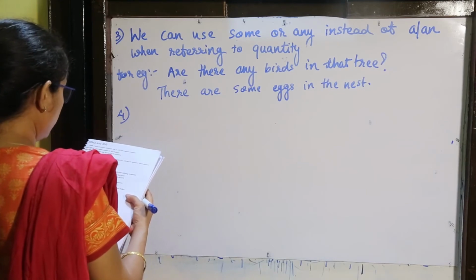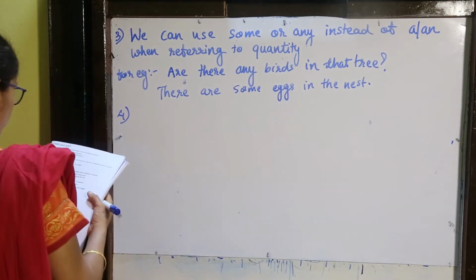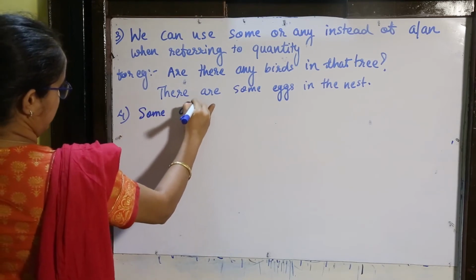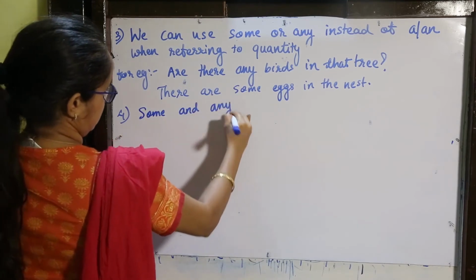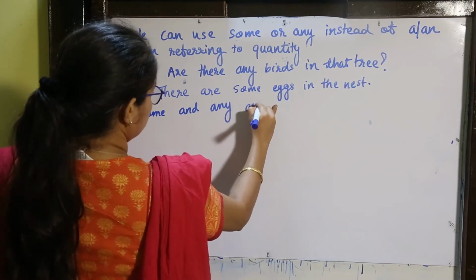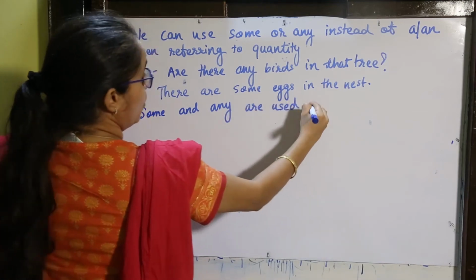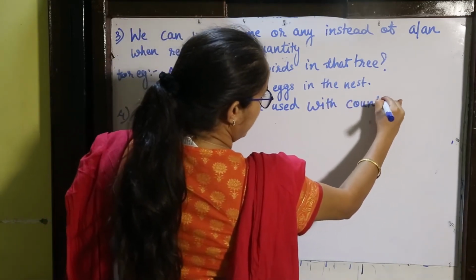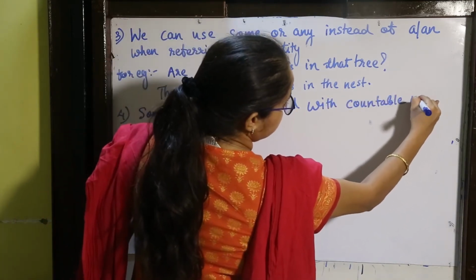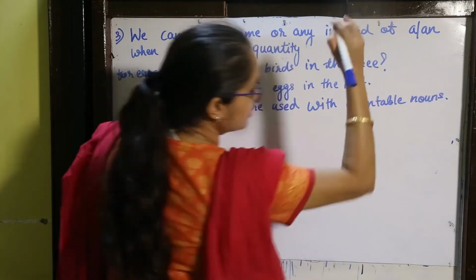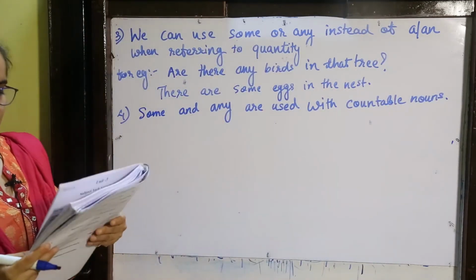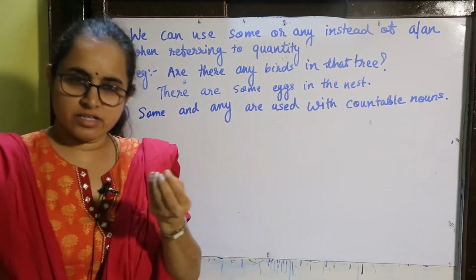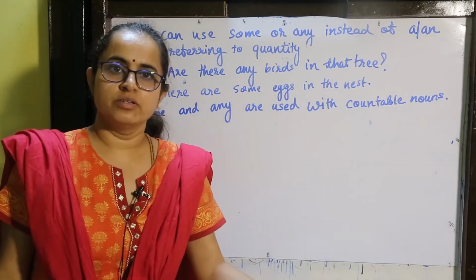Now next point is some and any are used with countable nouns. Now what are countable nouns? First of all, you need to know what countable nouns are. Countable nouns are, for example, letters, you can count 1 2 3 4, right?